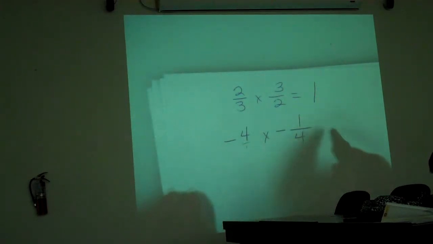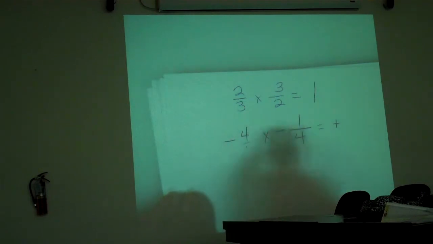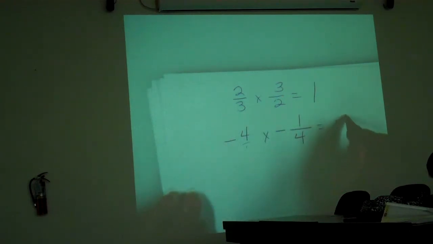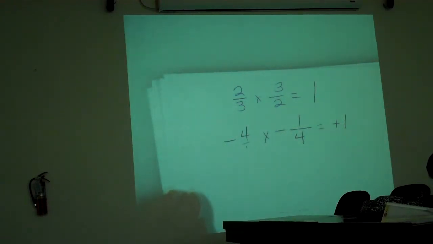Negative 1/4. Okay, this was over 1. 1 over 4. See, if you multiply it times its reciprocal, negative times negative is positive. 4 over 4 is 1. So see, if you multiply a number times its reciprocal, you get 1.